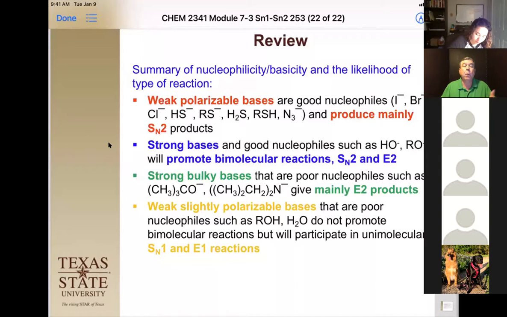Now, once we get to things that are not good nucleophiles and are not good bases, they have to wait around for a carbocation. So we think neutral water, neutral alcohols. Notice the sulfurs are big and fluffy and polarizable and are good nucleophiles. The oxygens are not as polarizable and therefore in their neutral state, they are poor nucleophiles and poor bases.